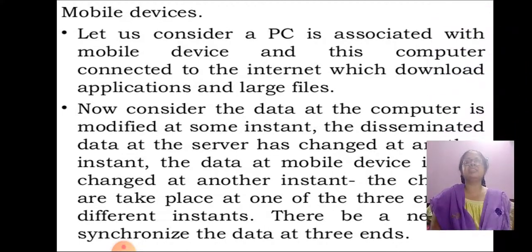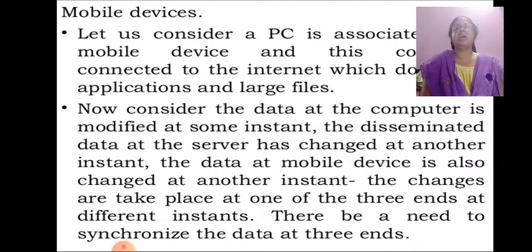Let us consider a PC associated with a mobile device, and this computer is connected to the internet, which downloads applications and large files. Now consider the data at the computer is modified at some instant, then the disseminated data at the server has changed at another instant.